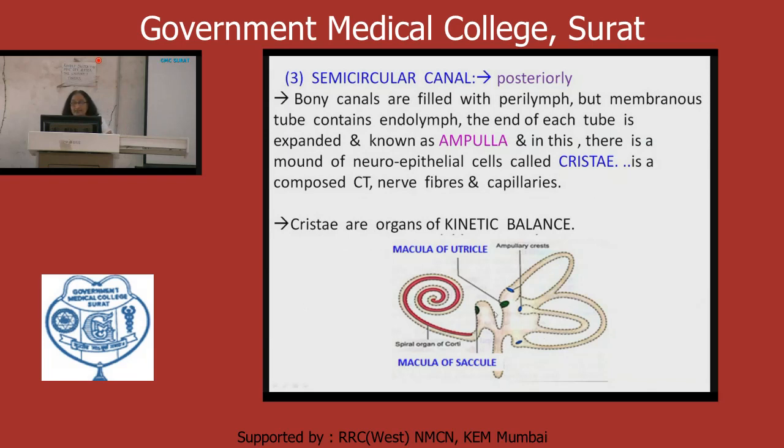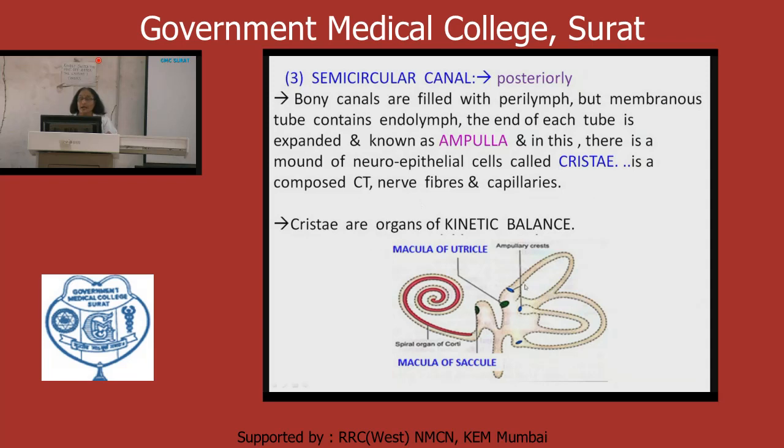The vestibule, cochlea. Now moving towards the last, third part of the bony labyrinth, called the semicircular canals. The bony canals are filled with perilymph, but the membranous tube contains the endolymph. The end of each tube is called the ampulla.